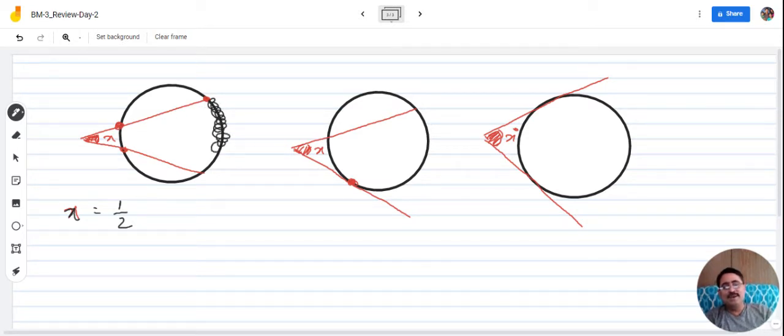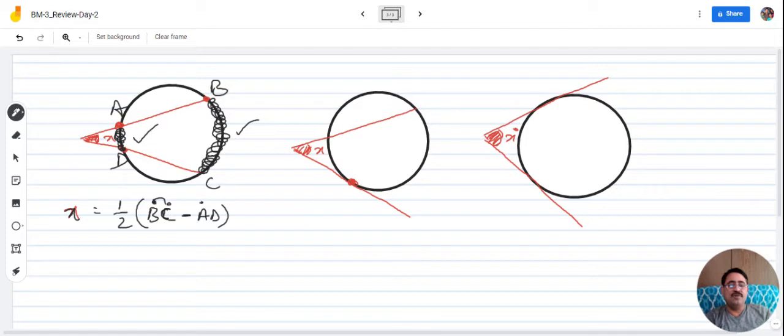Please see that when the secants are drawn and we are trying to compute the value of x, this angle is associated with these two arcs. So let me name them as ABCD. Of the measure of these two, I see that BC is the longest arc, and AD is the smallest one. So you take the longest arc first. So BC subtract AD.